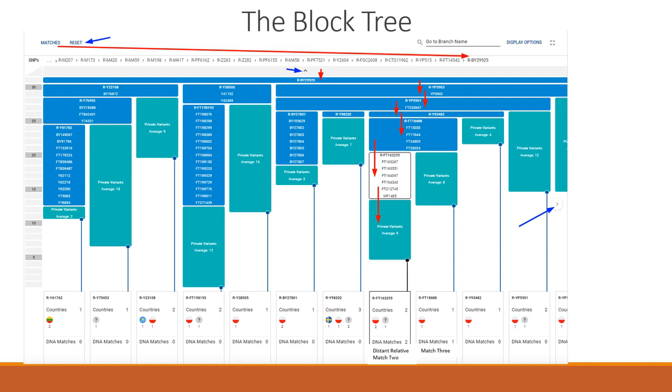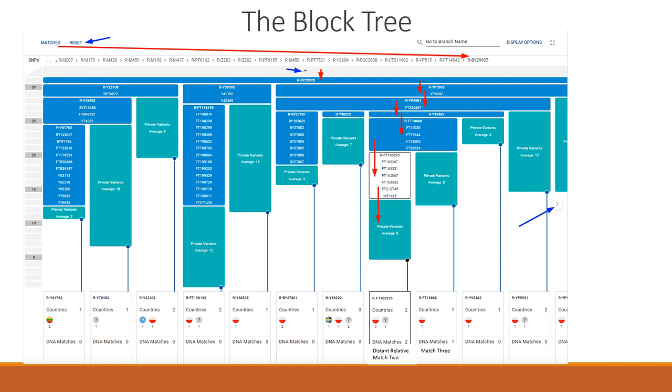And you can follow the long red arrow along the top from my haplogroup R, and then R1, R1A, and then you can follow the little red arrows once we get to the block tree, down the branches of the block tree from that top blue bar.